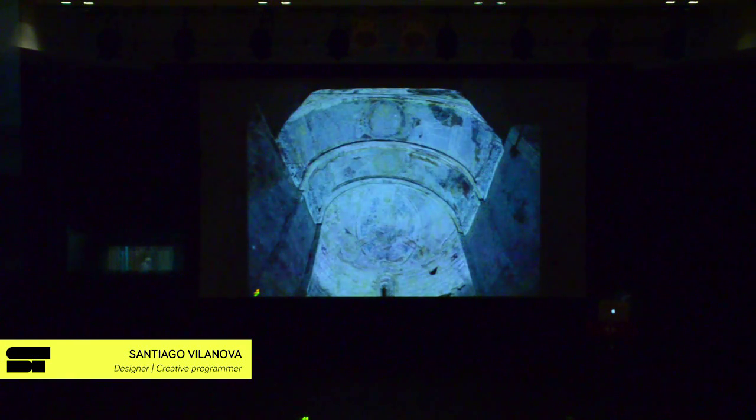Here again, we have these yellow lines which are being projected over the deep layers of the painting itself. So you can more or less see what's left of the original painting here in the center. This is the Pantocrator figure.